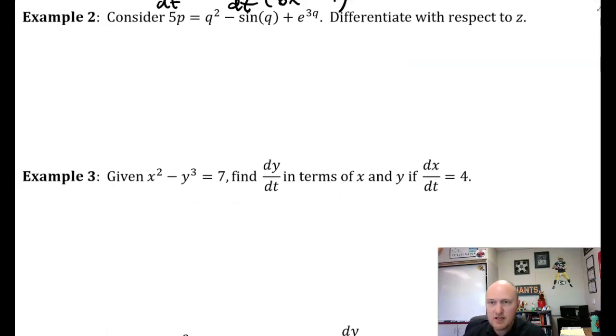Consider 5p is equal to q squared minus sine of q plus e to the power of 3q. Differentiate with respect to z. Okay, sure.